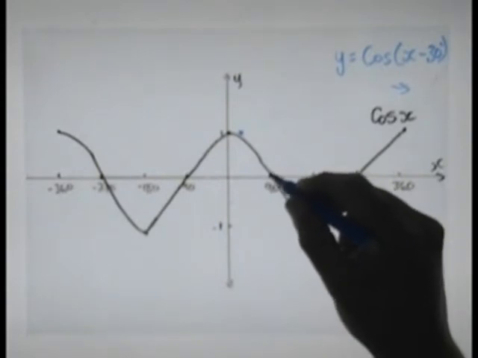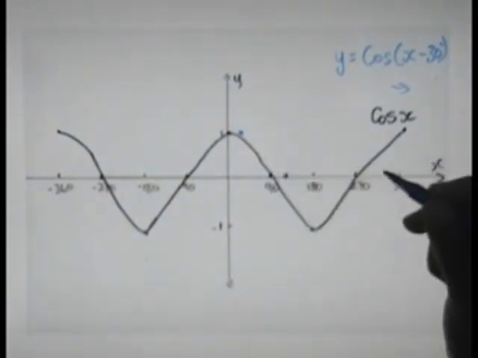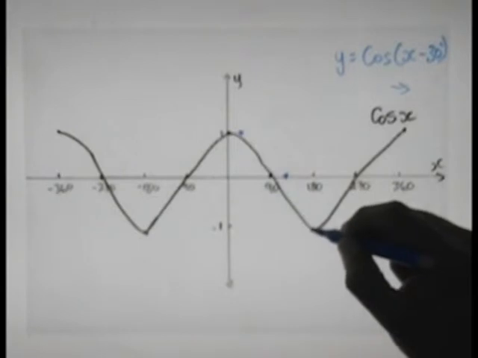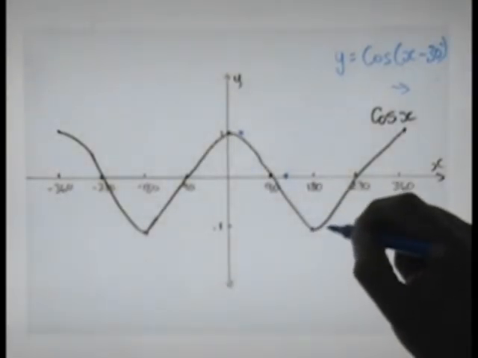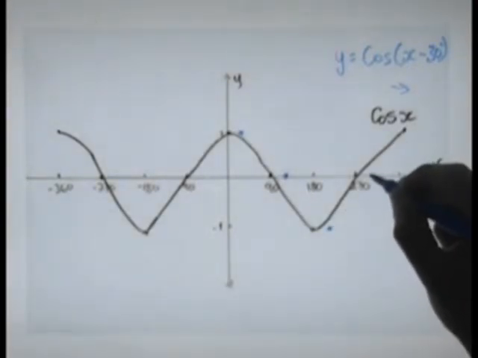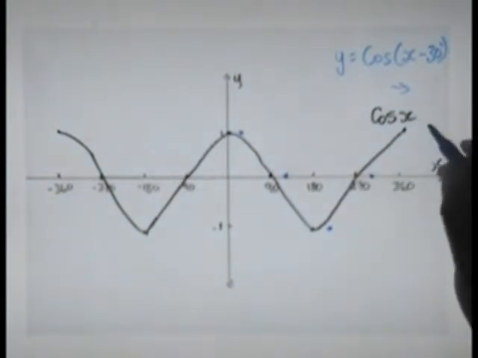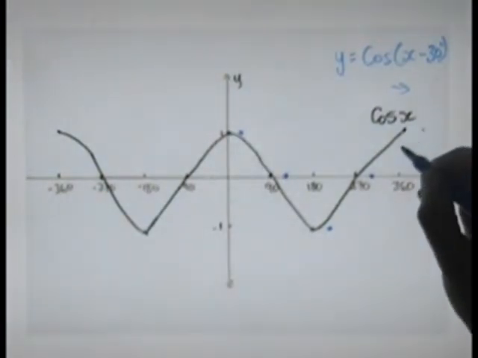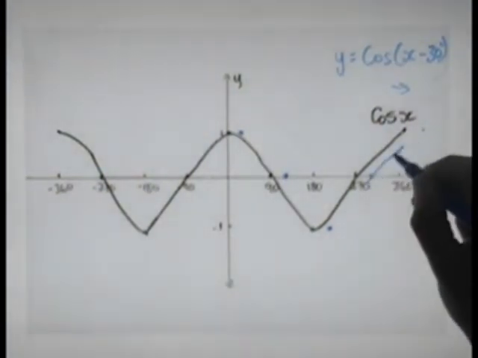Instead of it dropping at 90, it's going to drop at 120. Instead of it being a trough or negative 1 at 180, it's going to be that at 210. That is going to be at 300 degrees, and it's going to peak at 390, but we're not going to go till there. We are going to go from there though.